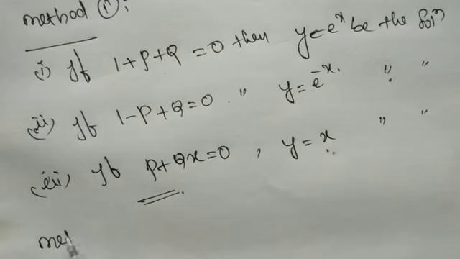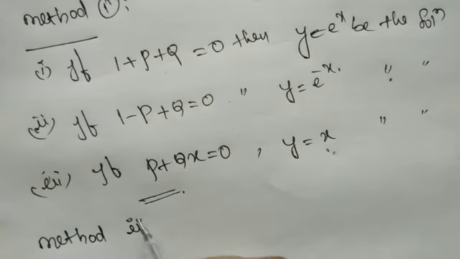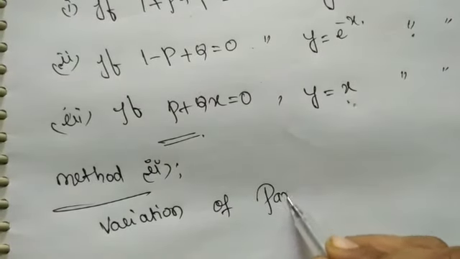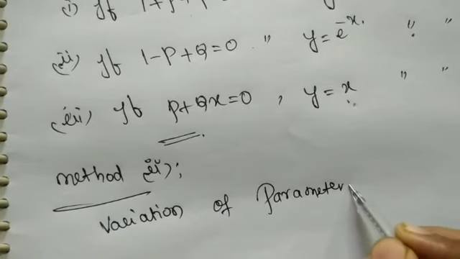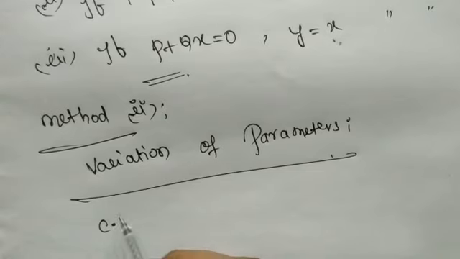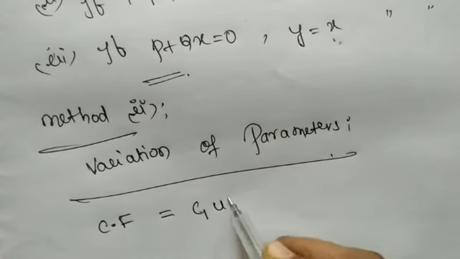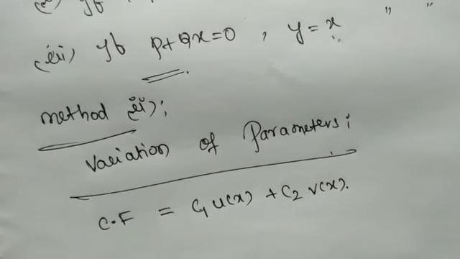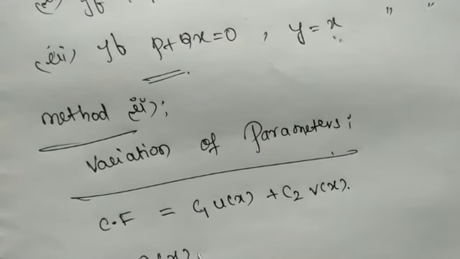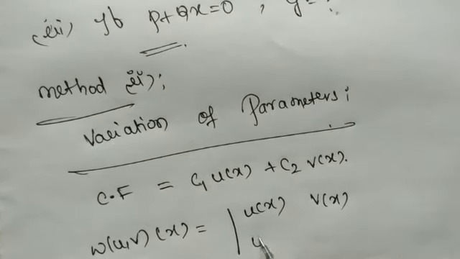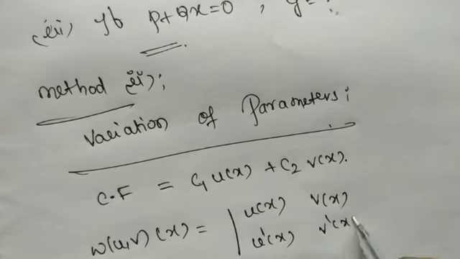Next one, method 2, that is variation of parameters. In this, find the complementary function, that is c1 u(x) + c2 v(x). So W(u, v) = the determinant with rows u(x), v(x) and u'(x), v'(x).